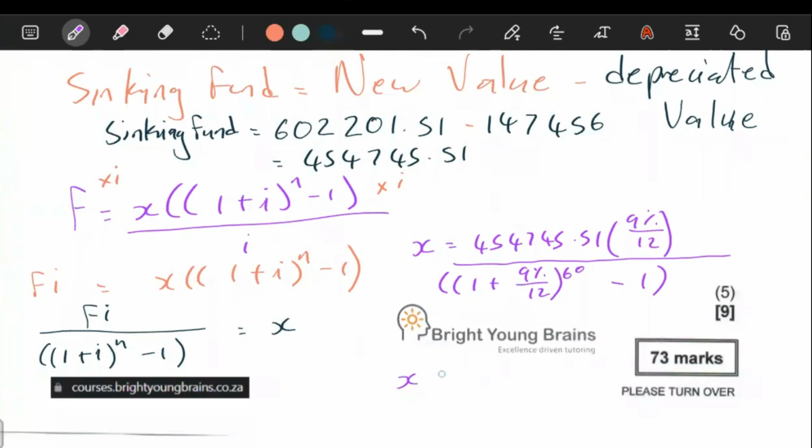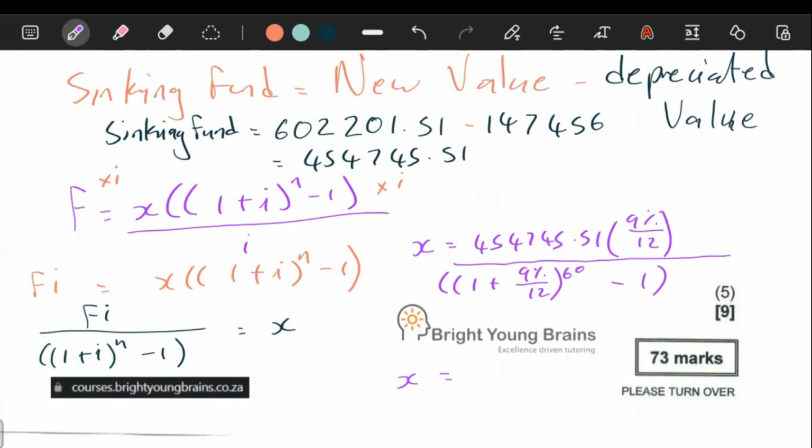And then all this you just have to put in your calculator. Let's put it nicely in the calculator. You see, fraction button, 454,745.51, brackets 9 shift percent over 12. The whole thing inside this brackets and inside there 1 plus 9 shift percent over 12, the whole thing to the power of 60.